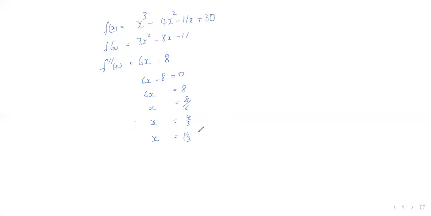Now, if I want the coordinates of the point of inflection, I will say f of 4 over 3, which is equal to 4 over 3 cubed minus 4 times 4 over 3 squared minus 11 times 4 over 3 plus 30.